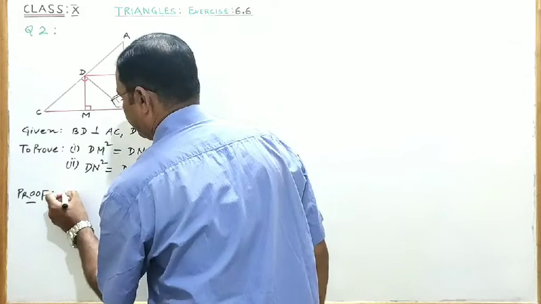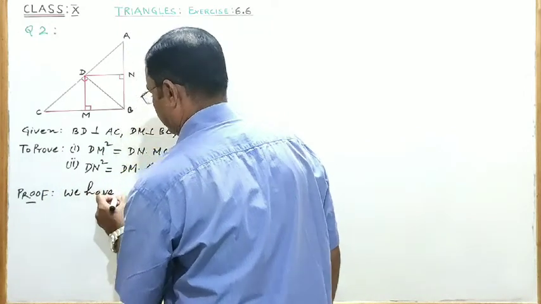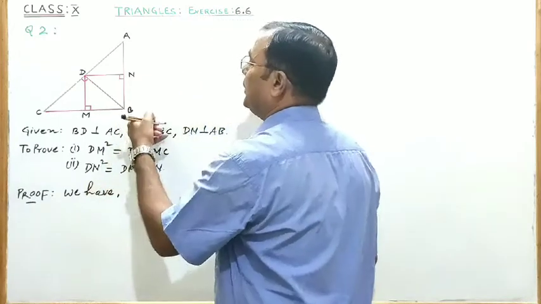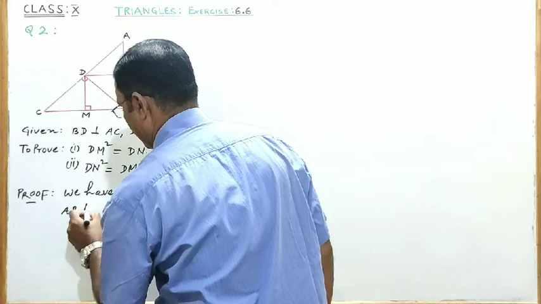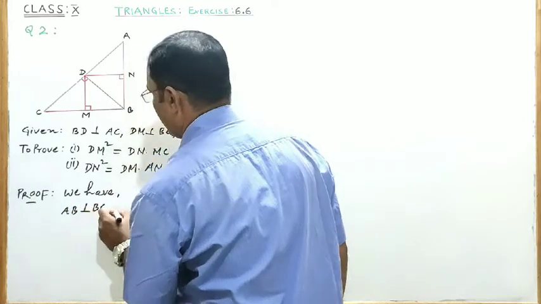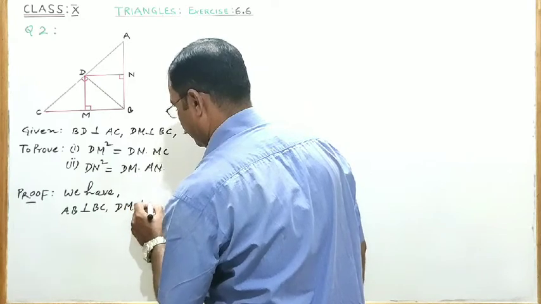Here we have AB is perpendicular to BC and DM is also perpendicular to BC.